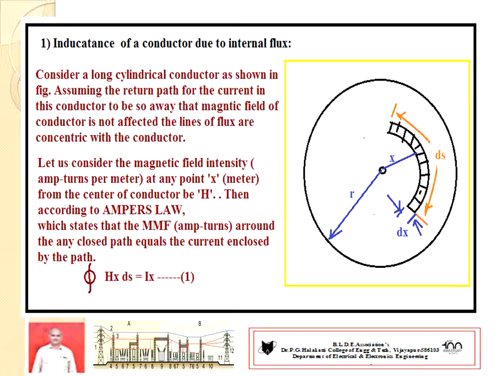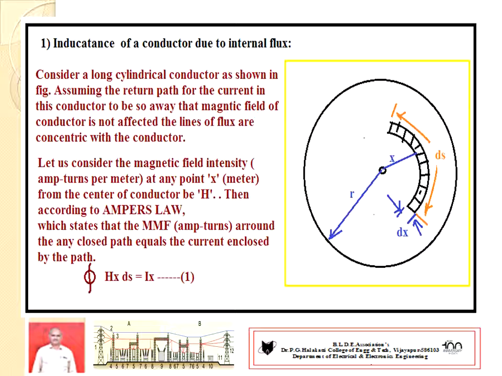Let us consider a magnetic field intensity H, in ampere turns per meter, at any point x meter from the center as shown in the figure. Then according to Ampere's law, which states that the MMF around any closed path equals the current enclosed by the path, the integration around a closed path of Hx into dx equals Ix, that is equation 1.